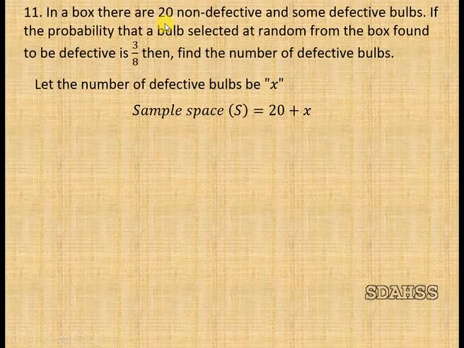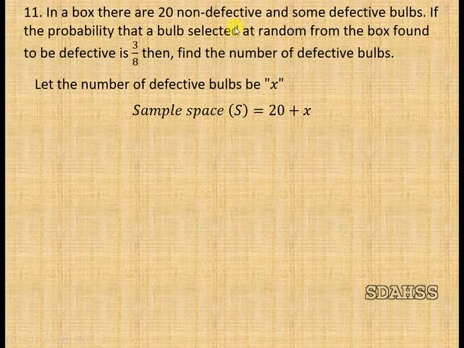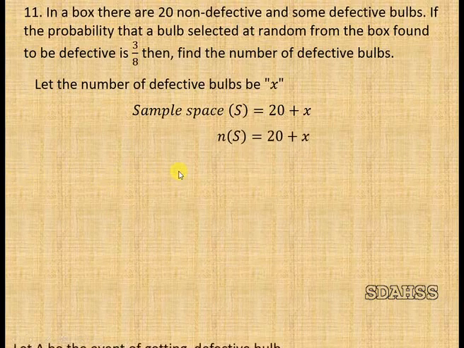Totally there are 20 non-defective and some defective bulbs, so 20 plus x bulbs are there in the box. So n of S is equal to 20 plus x.